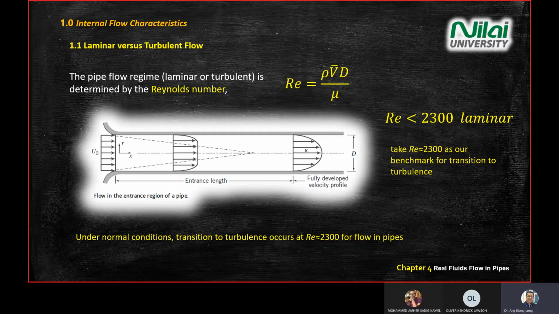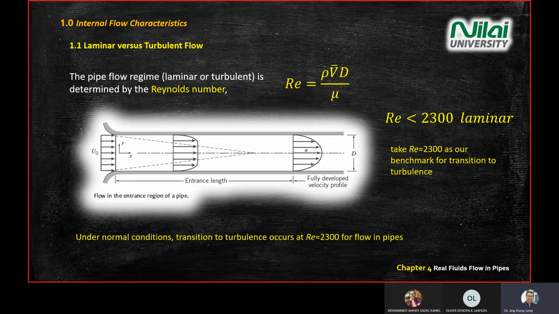Now some textbooks, if you go into an aerodynamics textbook, you'll see Reynolds number less than 2100. For this module, we will accept that below 2300 you can consider it laminar flow.